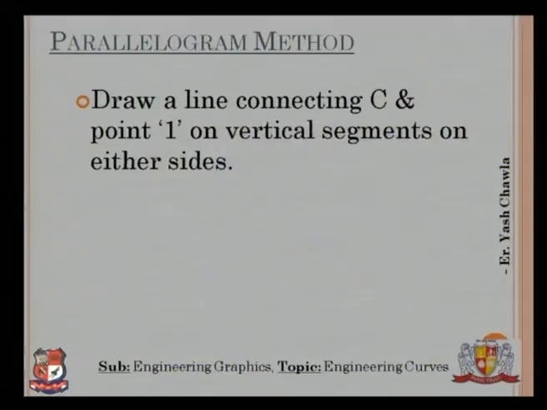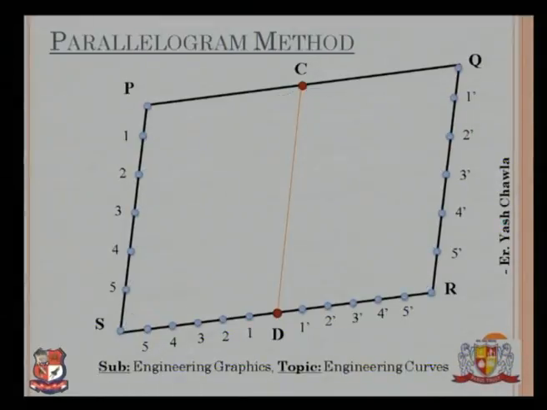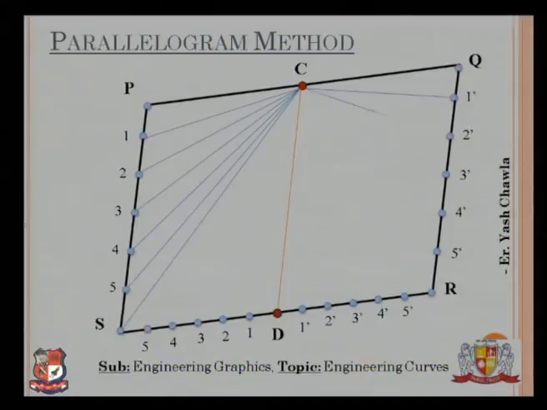Now similar to the oblong method, we will be joining C1 to C2, C3, C4, C5, C6. I'll show you one by one. C1, C2, C3, C4, and then again C1 dash, C2 dash, C3 dash, C4 dash, C5 dash, and C6 dash, that is C2R. Now here, from 1 we drew exactly a perpendicular line to the base. What will happen is that we will have a line parallel to CD.